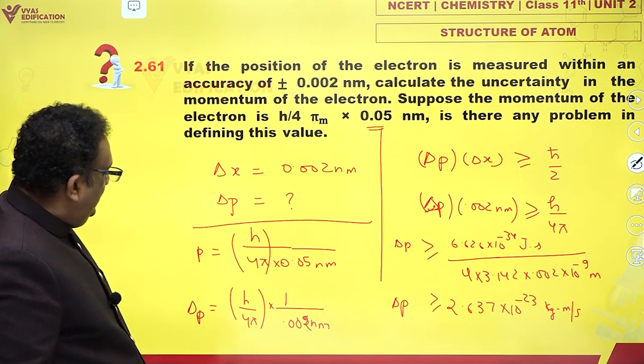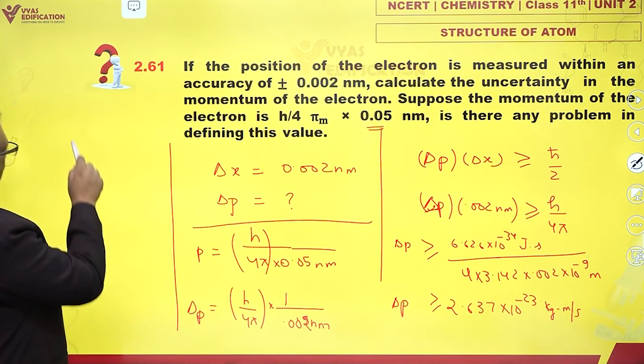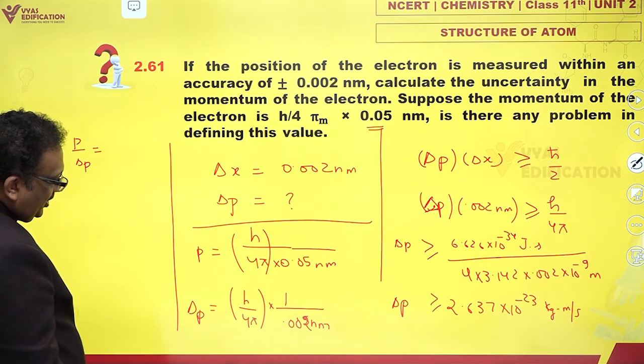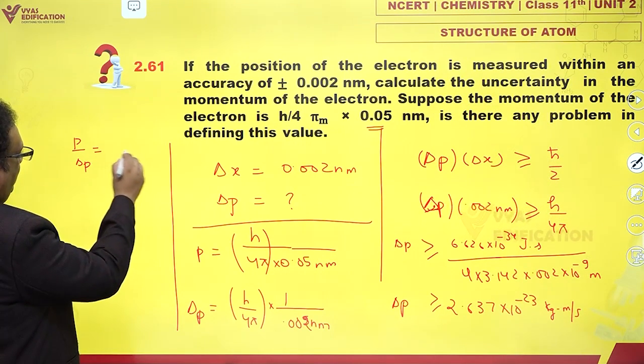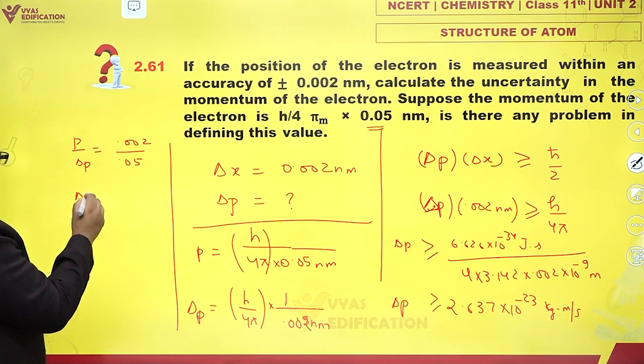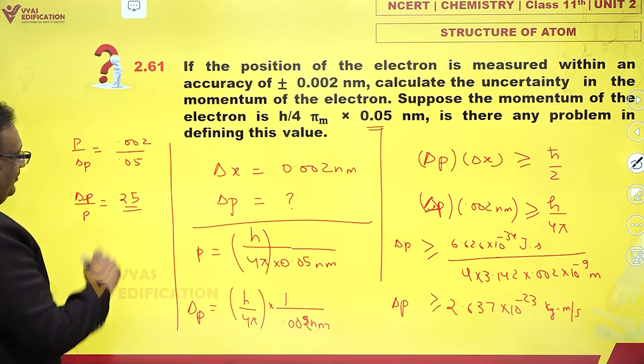Can I take a ratio? I very well can. If I take the ratio P by delta P, this comes out to be 0.05 by 0.002. So delta P by P is 25.